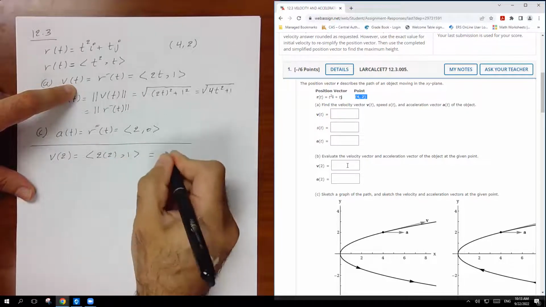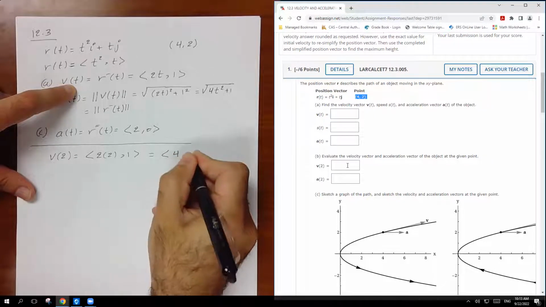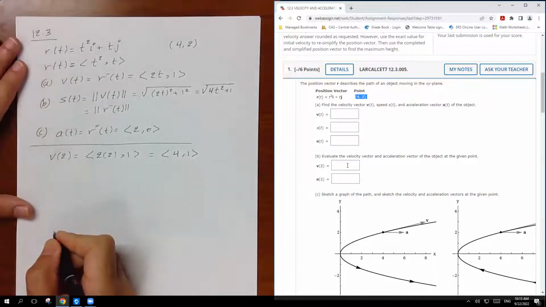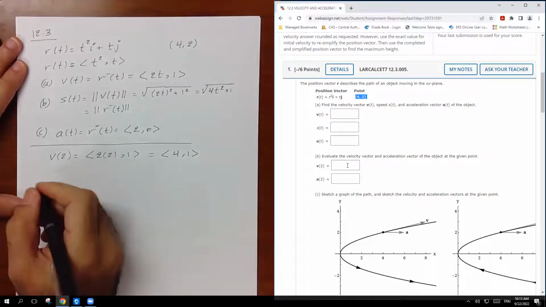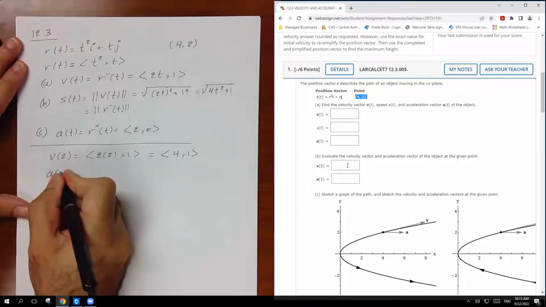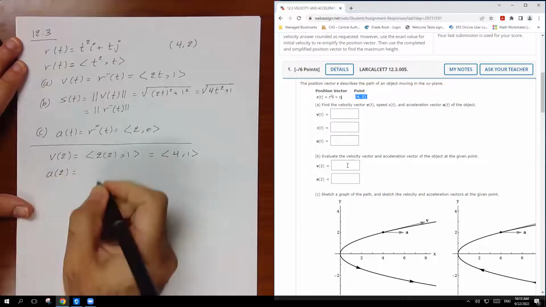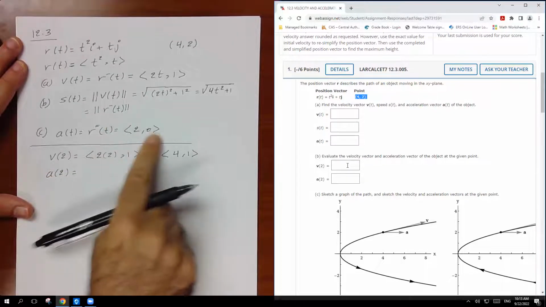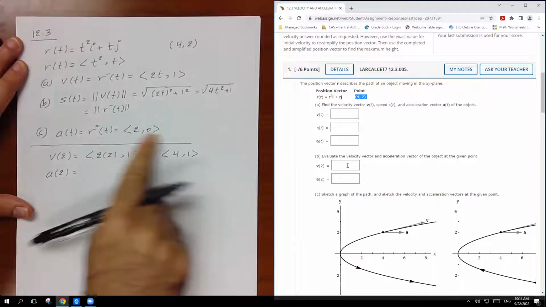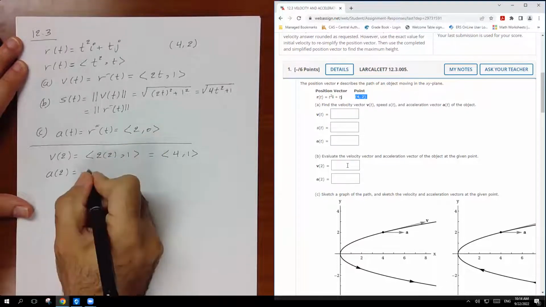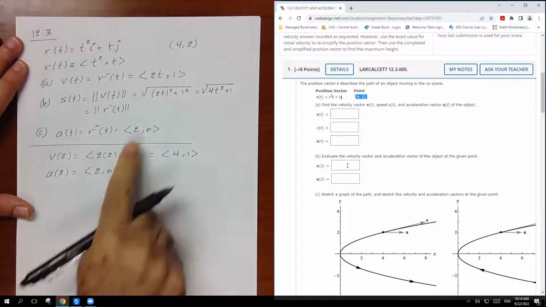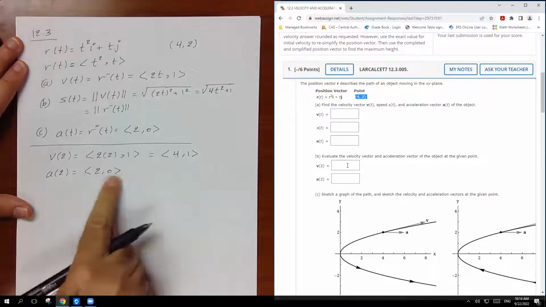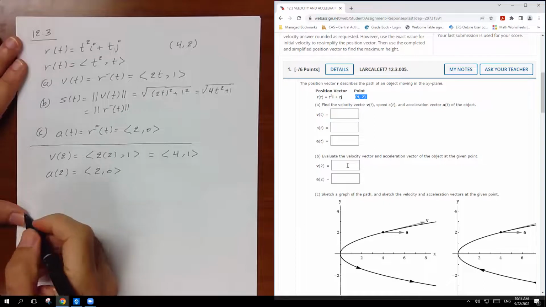That means the result is going to be 4 and 1. That's it. They ask you to find the acceleration when t equals 2. So here is the acceleration. T equals 2 is not going to affect anything here on the vector. It's going to stay the same because there is no t variable. So here is the acceleration vector. So that's it for this example.